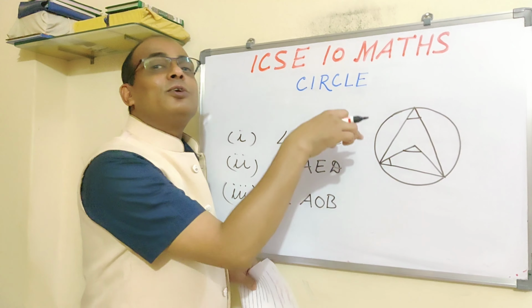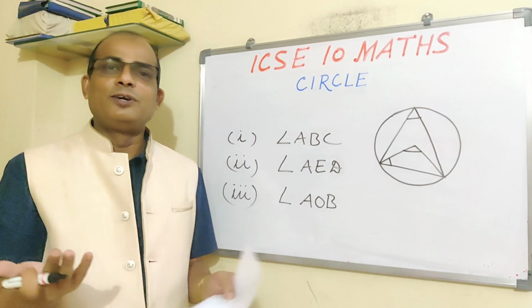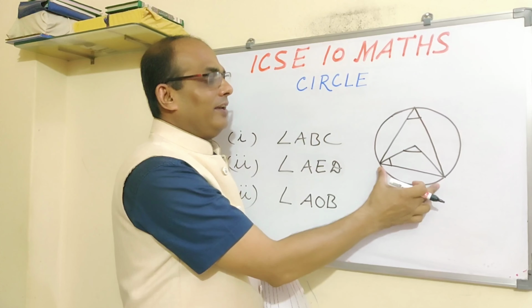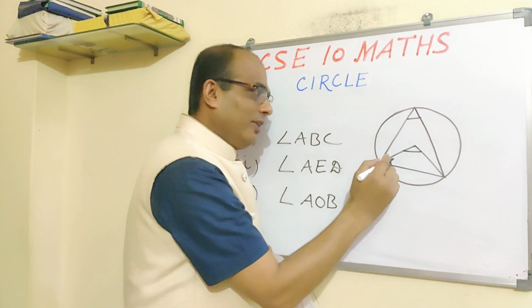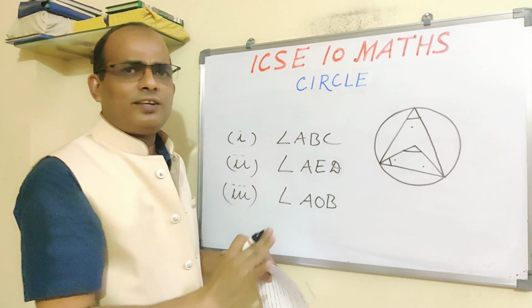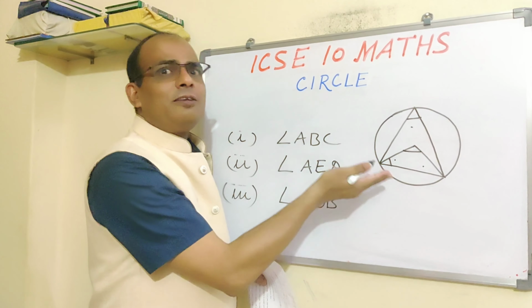You are doing this in your question paper, and the question paper you are carrying with you. Oh my God. The construction, the line, the point that you joined, and then you find out the values the question is asking for, but those things you have done in your question paper.